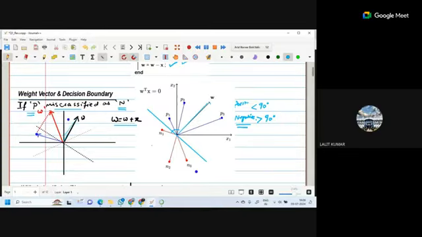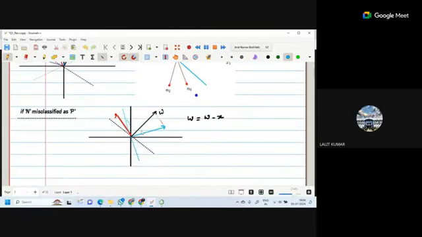This is the point which has been incorrectly classified, so we add this X to this W, and this becomes your new W. Similarly, if a negative data point has been classified as positive, then we update W is equal to W minus X. So please remember this concept: W is equal to W plus X and W is equal to W minus X for the two cases.